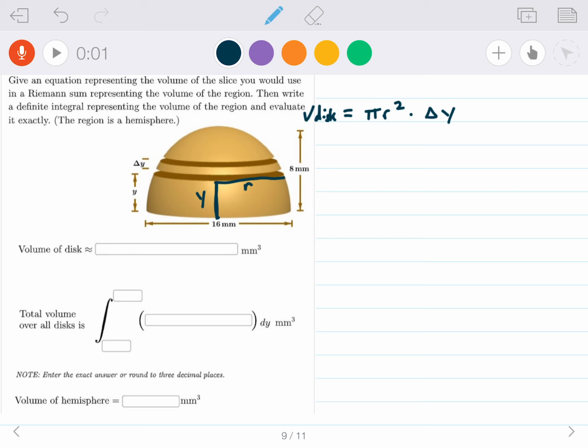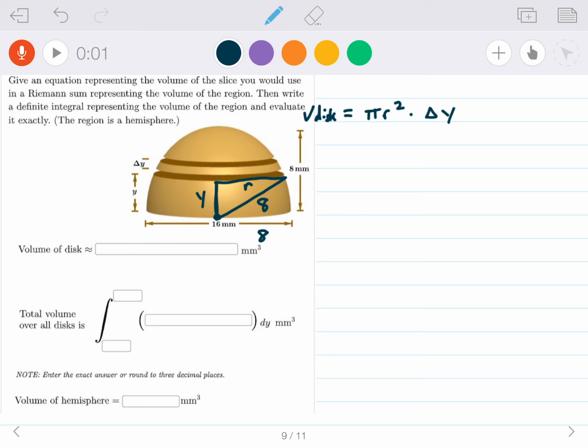Since we have a hemisphere here, the middle to the edge of the hemisphere is the radius of the base, and the radius of the base is 8 millimeters. So this side is going to be 8. And we can use the Pythagorean theorem to write r in terms of y.